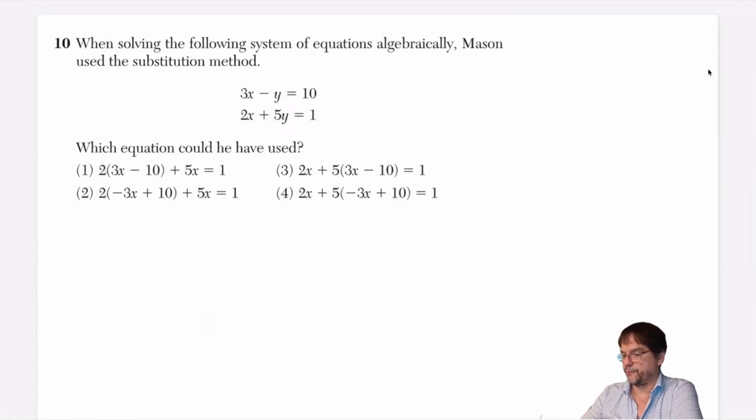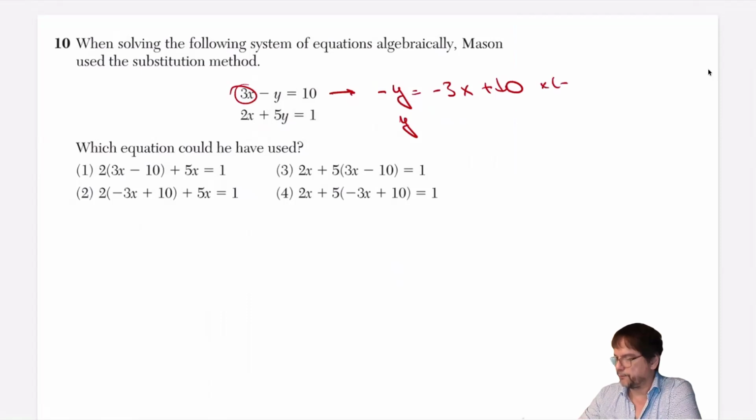I test first, isolate here. So minus y is equal to minus 3x plus 10. Okay? So y, I multiply by minus 1 because I have minus y, I don't want minus y, is 3x minus 10. Is that okay for you?